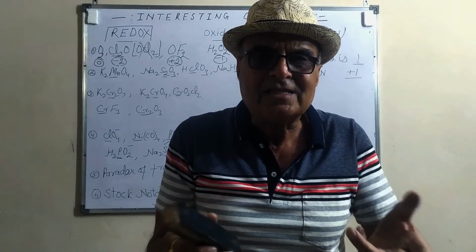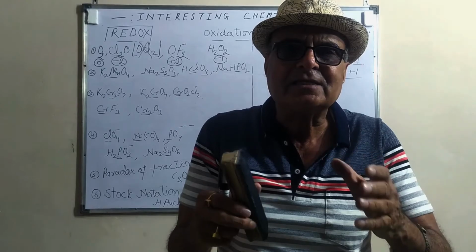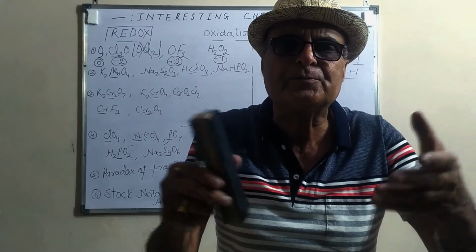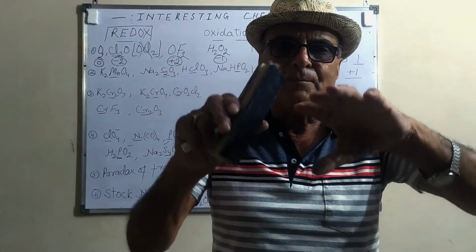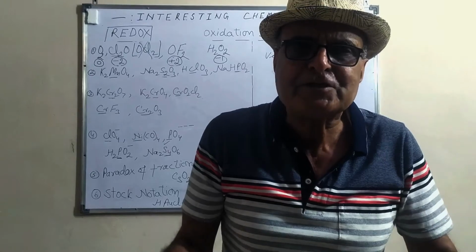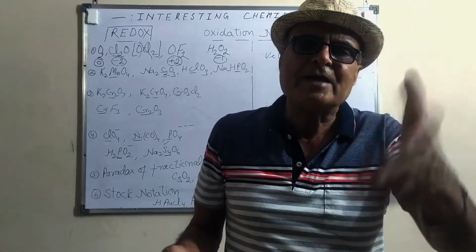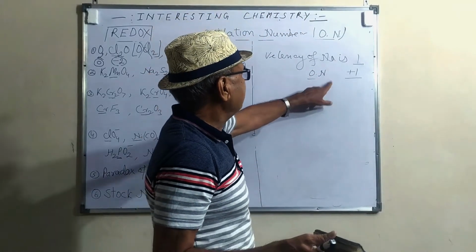The valency of an element tells us the number of hydrogen atoms which are replaced by or combined with an atom. That is called valency. But oxidation number is different.